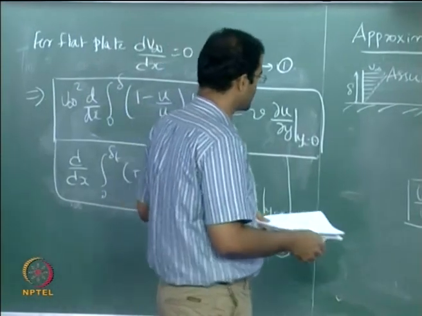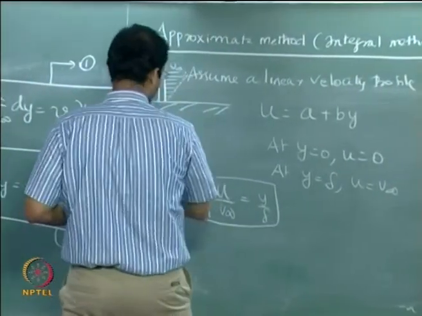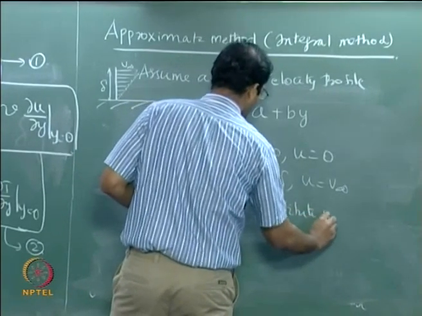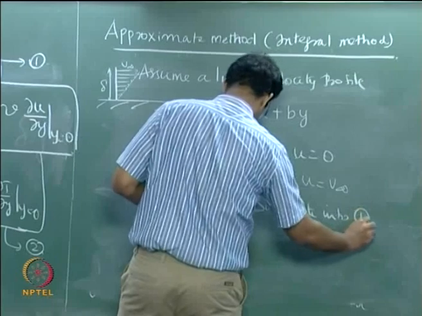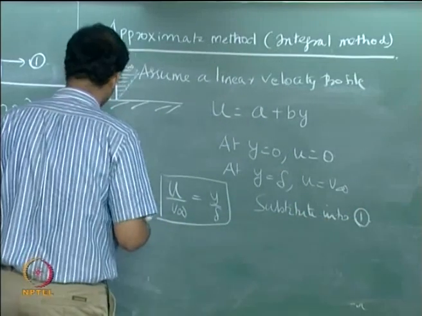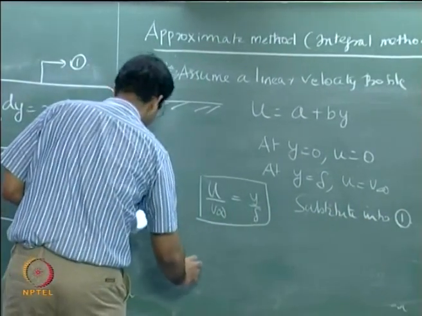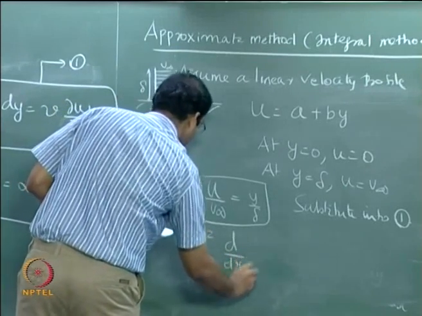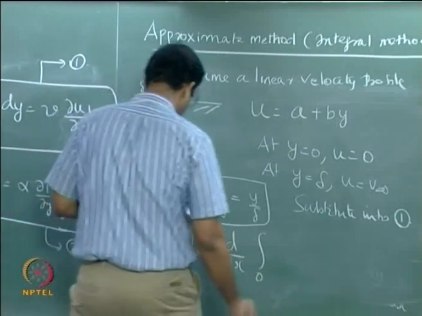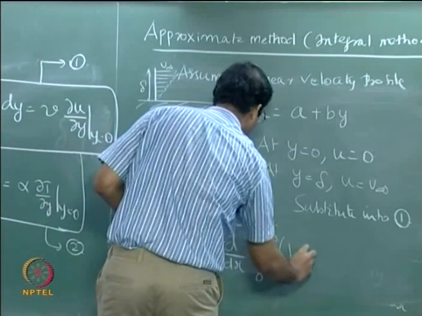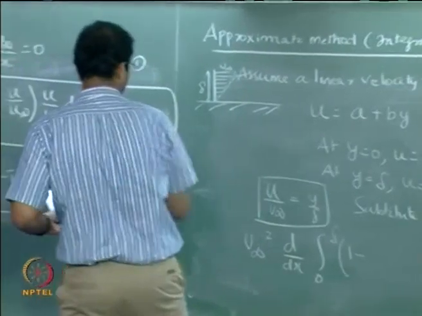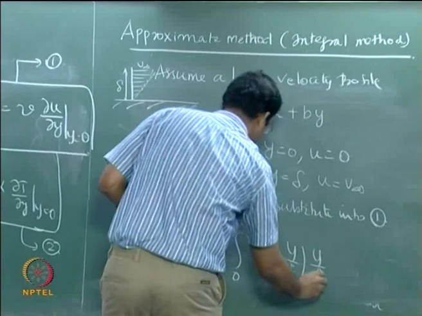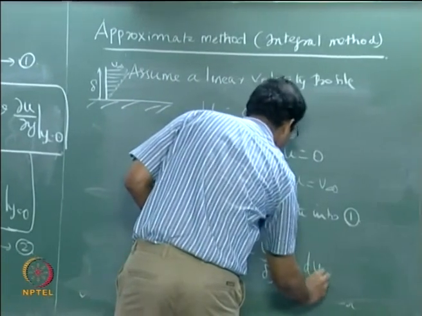So what I am going to do now is substitute this profile into 1. If I substitute into 1, I will get u infinity square d by dx, integral 0 to delta, of 1 minus u by u infinity, which now will be y by delta, into y by delta into dy.